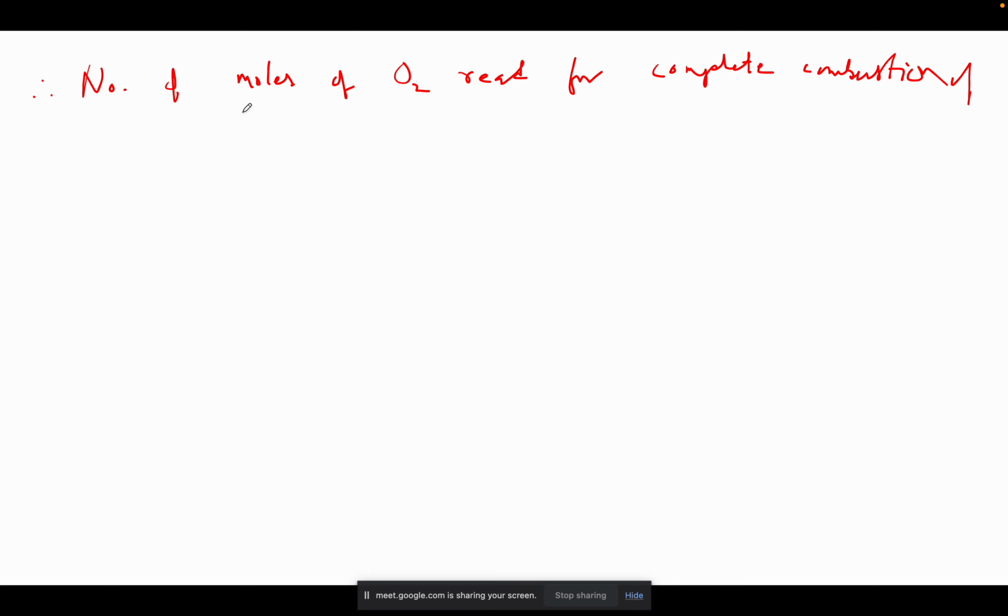Therefore, the number of moles of oxygen required for complete combustion of the fuel is equal to what?